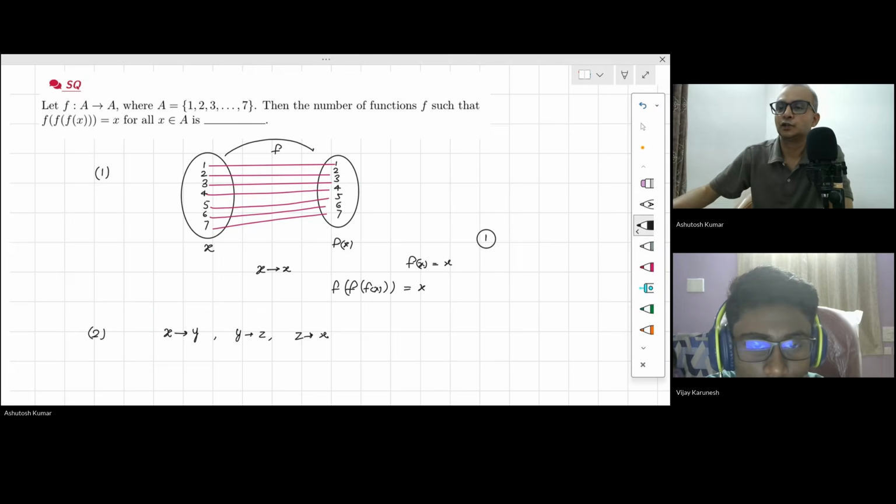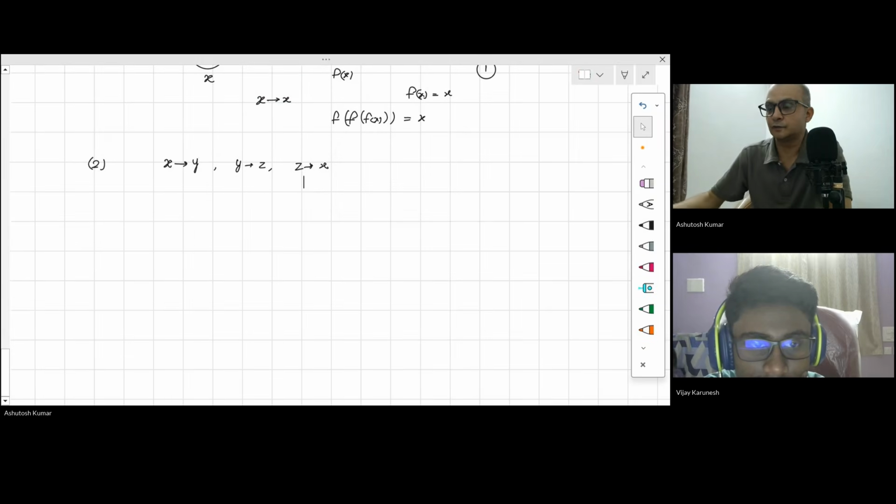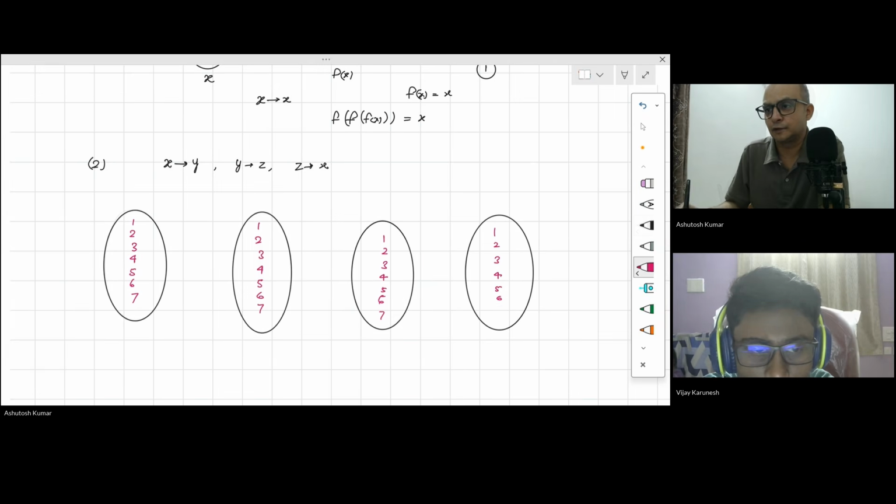Very good. So let's try to figure it out by drawing this diagram, and let's try 5, 6, 7. You notice that I have drawn 4 sets. Why? Because one is for x, then three mappings: X, Y, Z, then X again. Exactly. So x is mapping to y, meaning f of x.